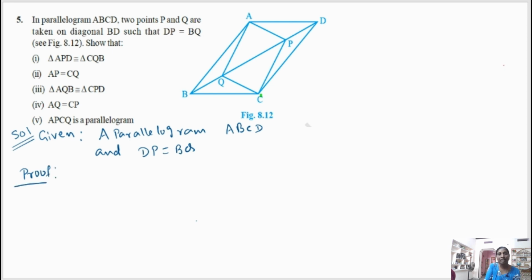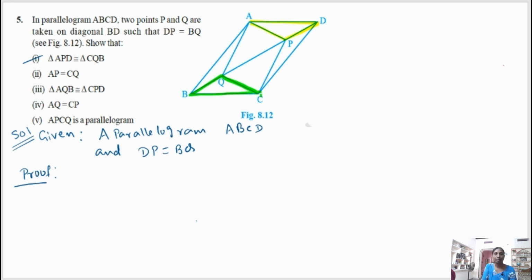So first point, we have to prove that triangle APD is congruent to triangle CQB. So we should choose those two triangles only. Let us mark triangle APD in yellow color, and triangle CQB.